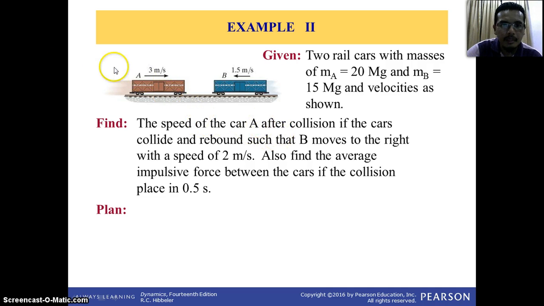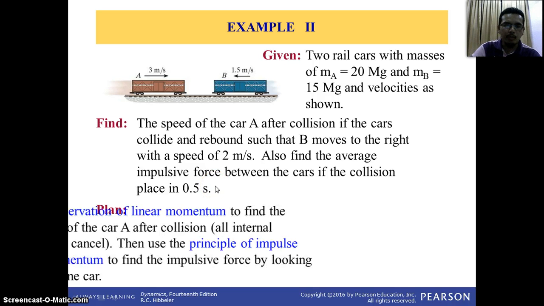So A and B will move to the right. Also find the average impulsive force between the cars if the collision takes 0.5 seconds.